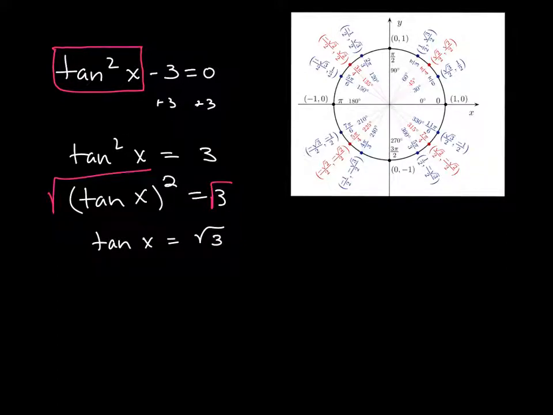Remember, the tangent of any angle is equal to y over x. So I'm looking for the values where the sine is equal to the square root of 3 over 2, and it's positive. All right, so that happens here.